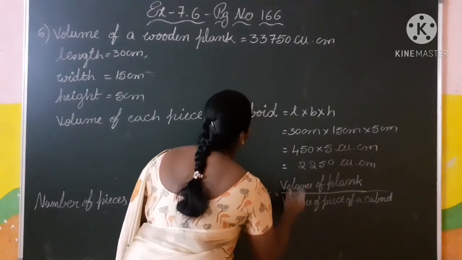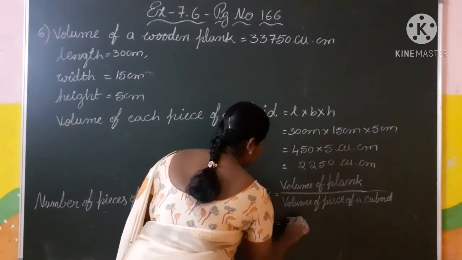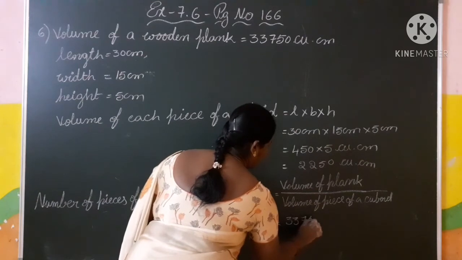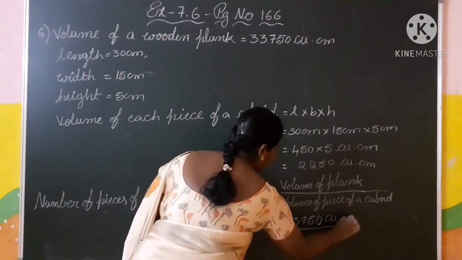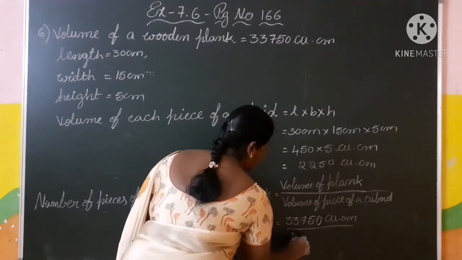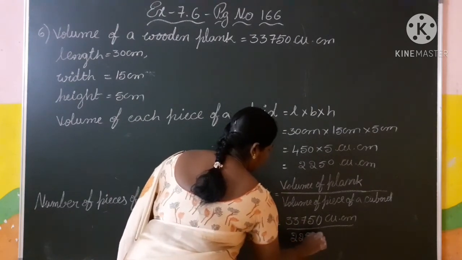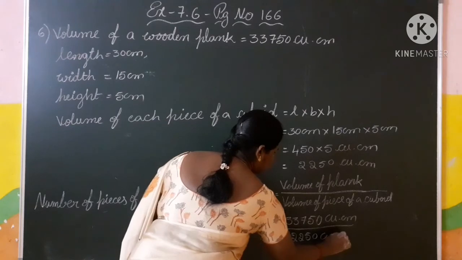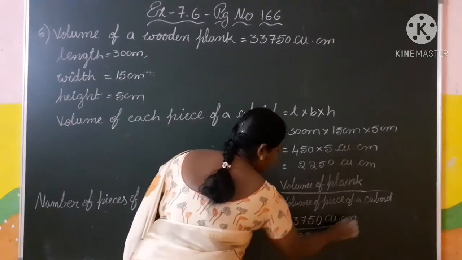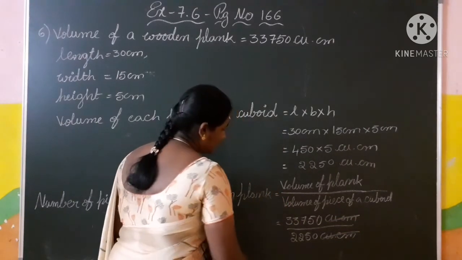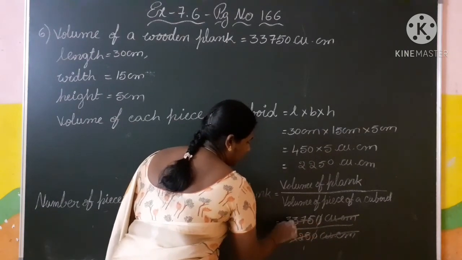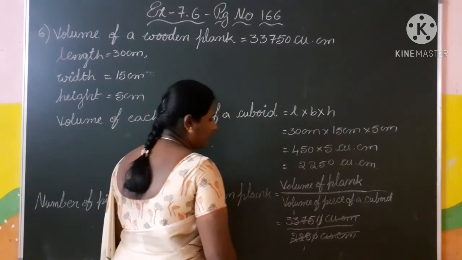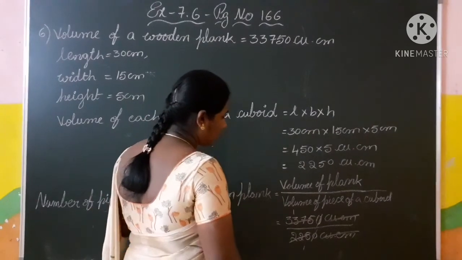So the volume of the plank is 33,750 cubic centimeters divided by 2,250 cubic centimeters. So here cubic centimeters cancel. 0, 0 cancel. 25 table. 25 ones are 25, 225 ones are 225.